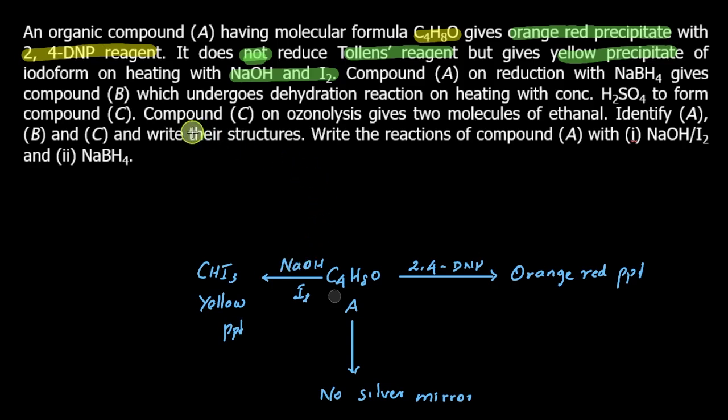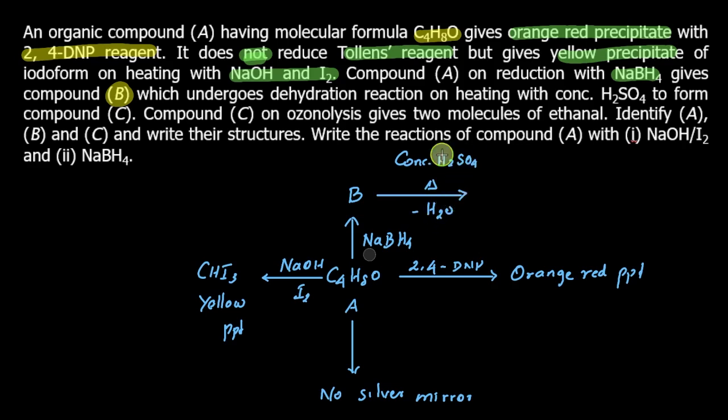Now this compound A, when it is reduced with NaBH4, gives compound B. When this compound B is treated with concentrated sulfuric acid and heat, it loses a water molecule.